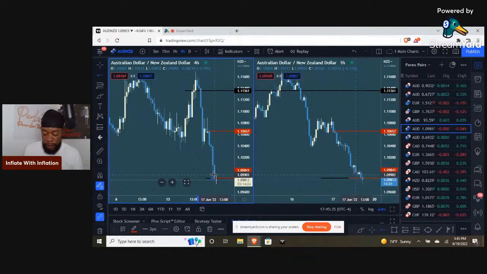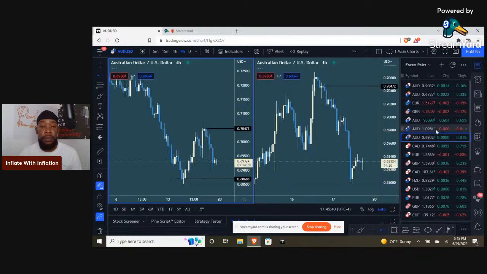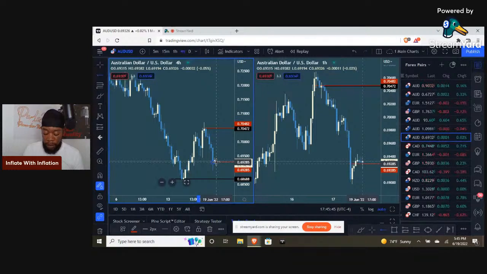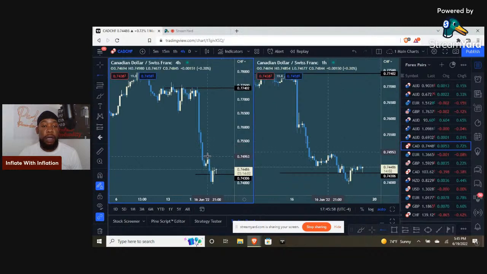Aussie's selling, New Zealand's buying. Aussie's selling, US dollar is buying. So Aussie's at a -7, so it's weak. It's the weakest one. So that's going to continue on the sale.